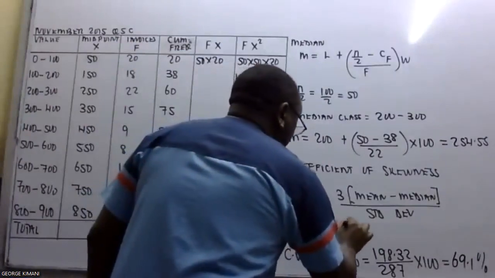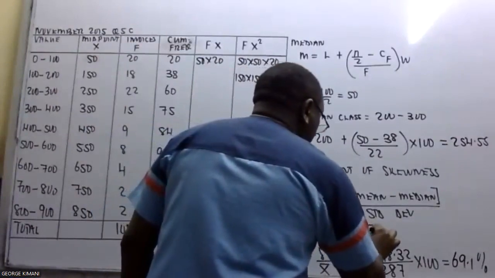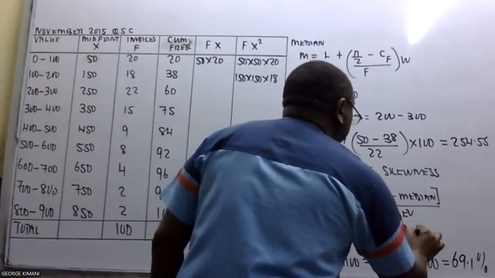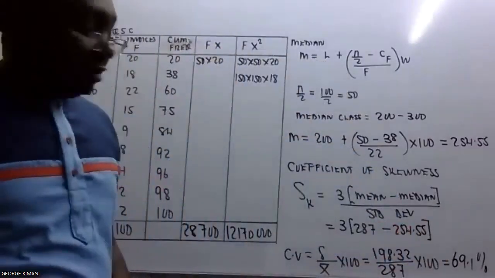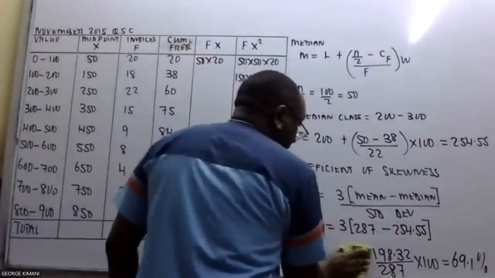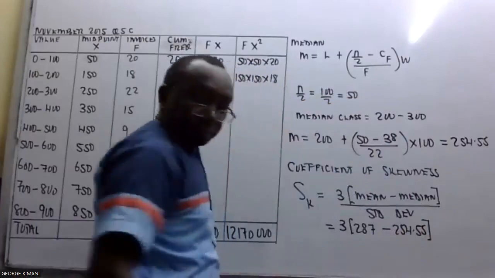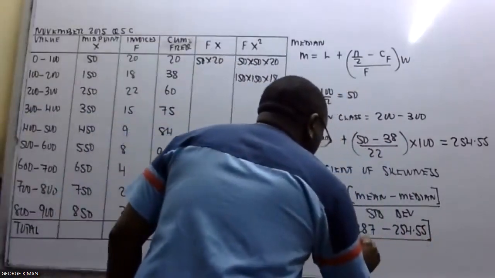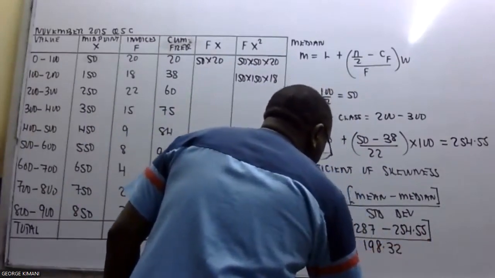So this becomes 3 brackets, the mean 287 minus the median 254.55. You divide by 198.32. Divide all this by 198.32.